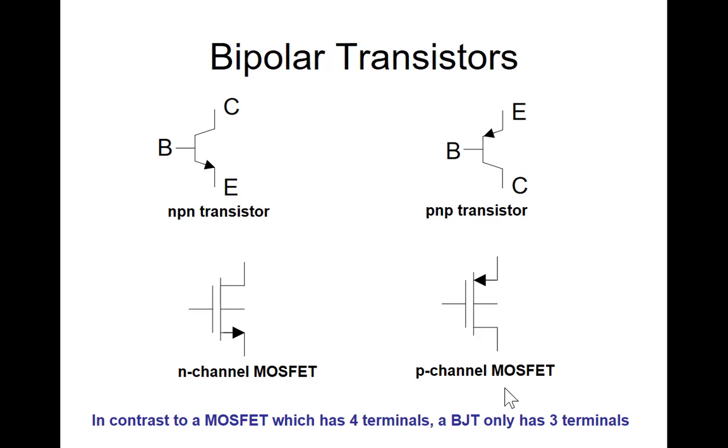If you look at the MOS transistor, it really has 4 terminals: a drain, a gate, a source, and a bulk. In contrast, the bipolar transistor has 3 terminals.